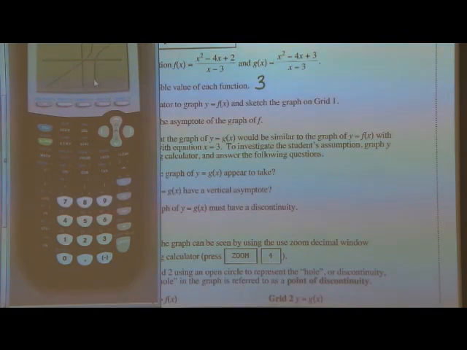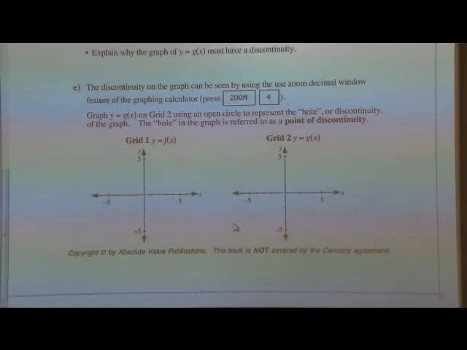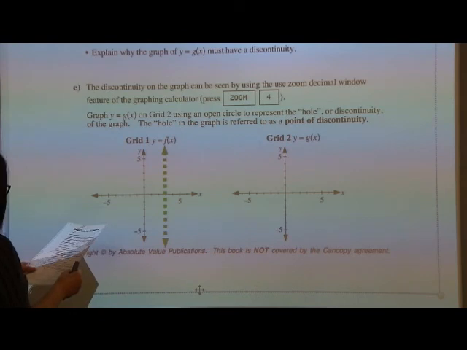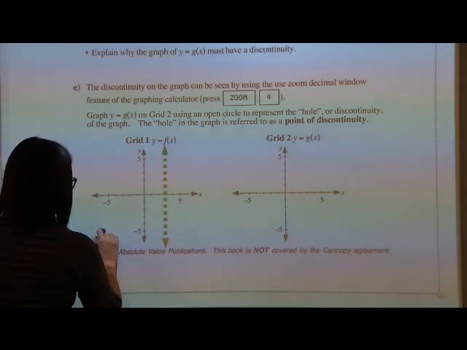So I'm going to take this graph and sketch it down here. Where x equals 3, there's my vertical asymptote, and the graph approaches it on both sides.